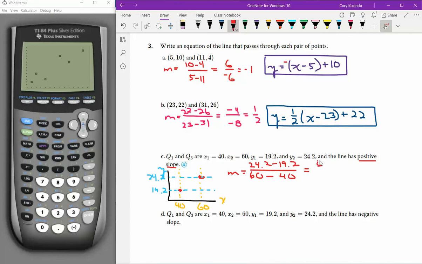So that gives me 5 over 20, or we can call it 0.25. So our equation is going to be y equals 0.25 times x minus, let's use this point here, 60 plus 24.2.